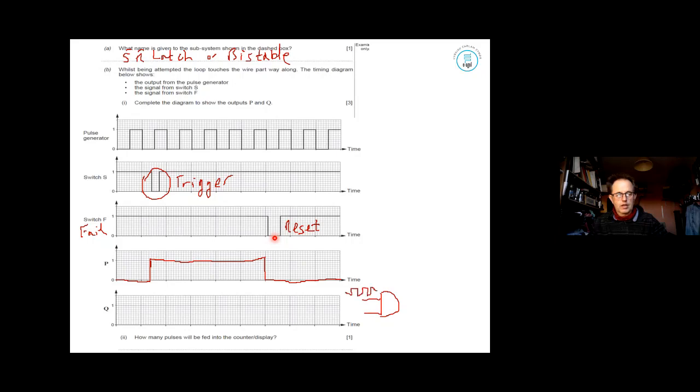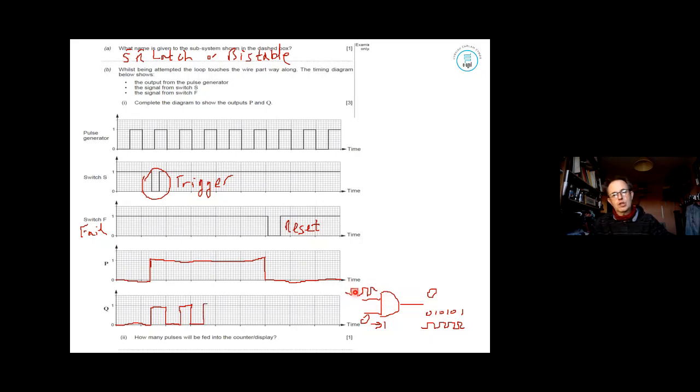On the output itself, there was a pulse going in. Now, it's always handy to remember this. If you have an AND gate and you put a pulse in, you get a 0 until the other input goes to 1. If the other input goes to 1, then the output is able to flash. So this is always a handy little thing to remember. How to make something flash, you use an AND gate.